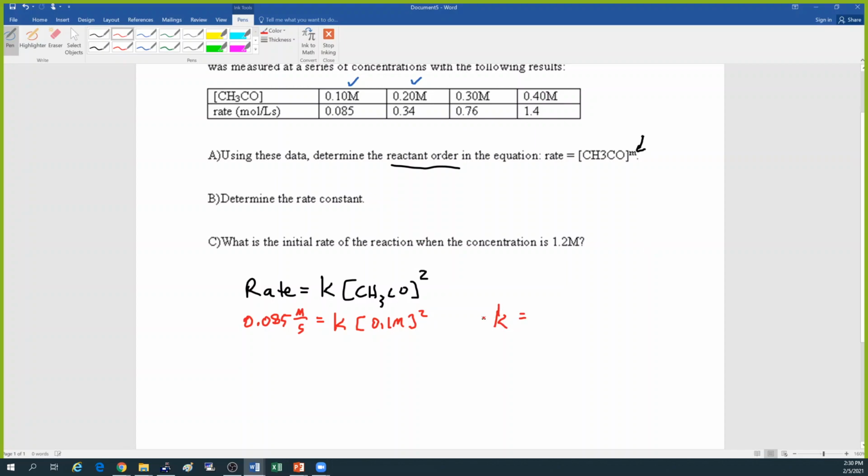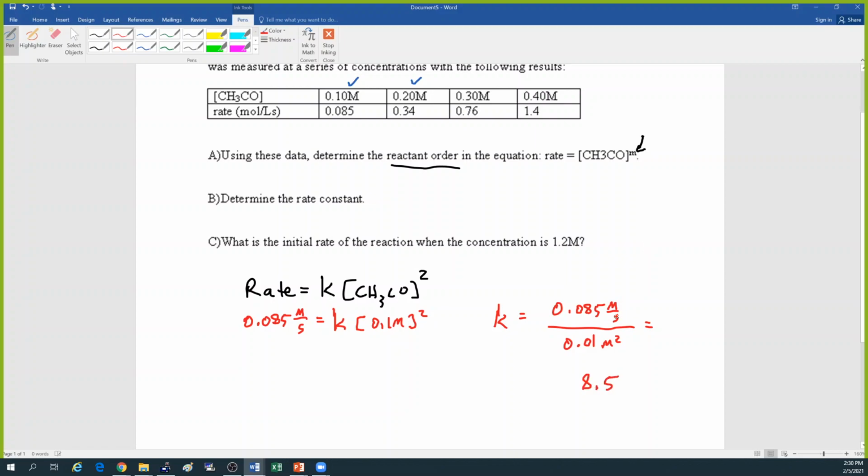We would get 0.085 molar per second over 0.01 molar squared. And so what this would come out to is 8.5.